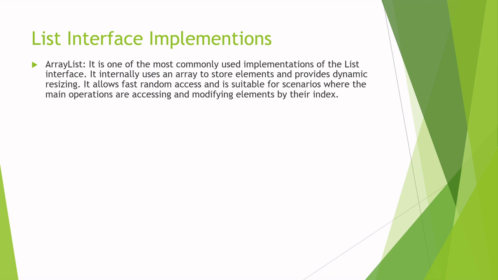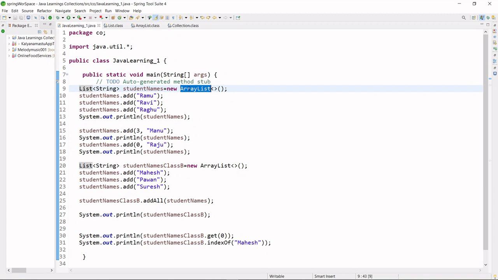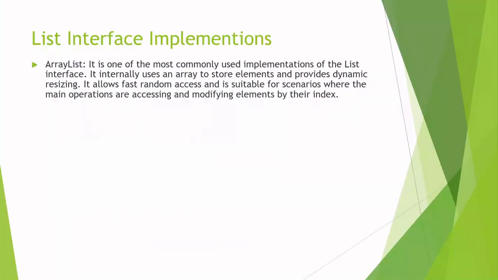It is one of the most commonly used implementations of the list interface, and it internally uses an array to store the elements and provides dynamic resizing. In the code you can see we implemented the ArrayList. This is one of the main classes. The next is LinkedList.